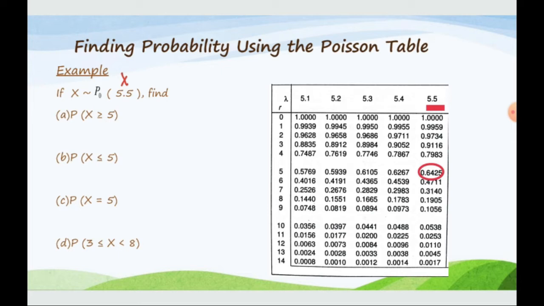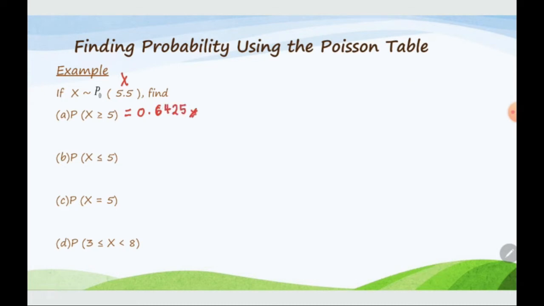Directly you take from r equals 5 and lambda 5.5. So the answer is 0.6425. Okay, this is directly from the table.